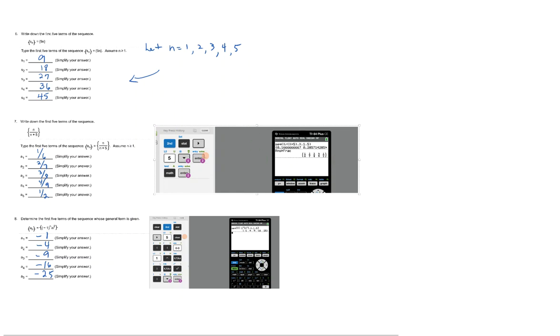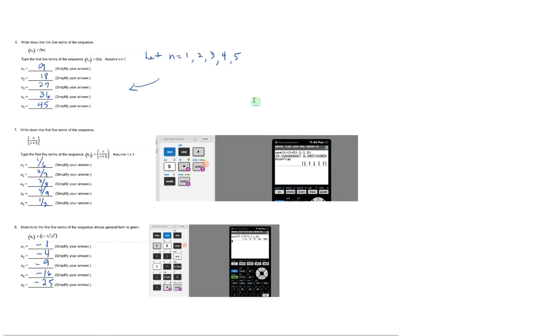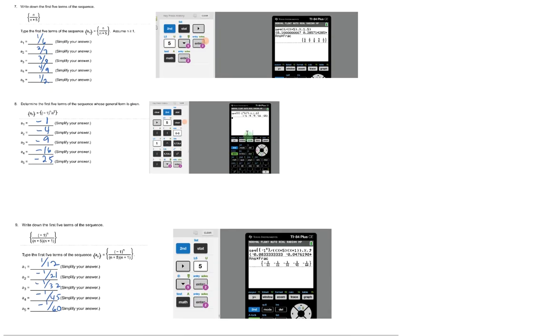All right, let's look at number 8. And let me make this one back smaller. All right, number 8. The sequence is -1 to the n times n squared. So again, we did second stat 5, and then we had a parentheses.